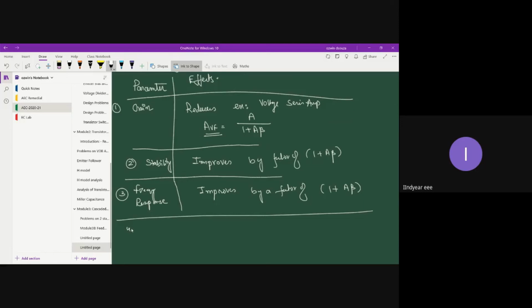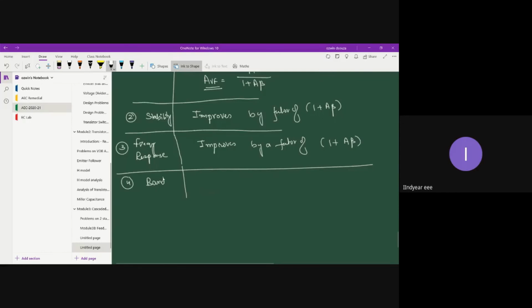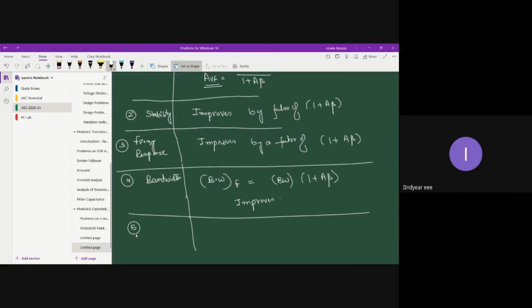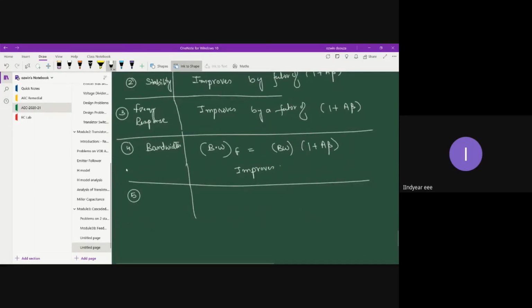The fourth point, going to be the subset of the third point, is bandwidth. Again, bandwidth with feedback, a qualitative formula: bandwidth with feedback is equal to bandwidth without feedback into 1 plus A into beta. So basically, bandwidth will also be improving with feedback. The fifth point will be the distortion, for example frequency distortion.